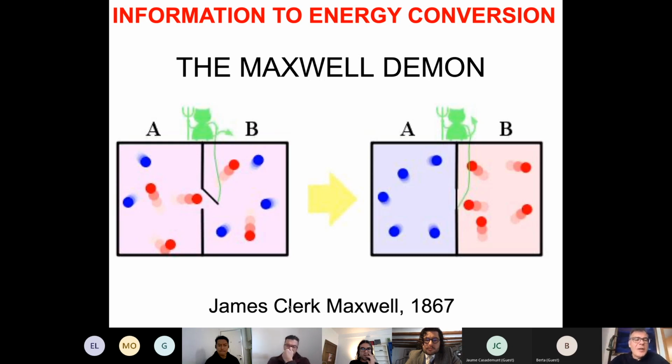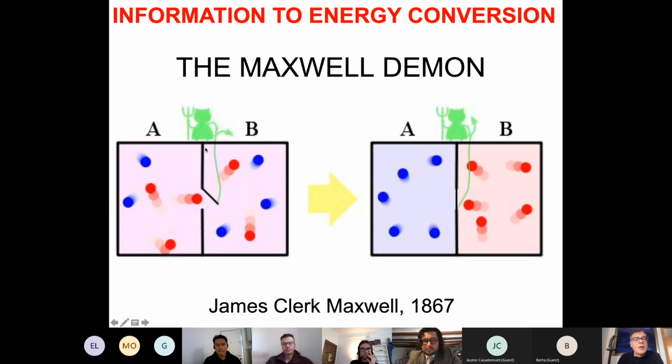It is a paradigmatic concept in statistical mechanics, and this goes back to Maxwell, who proposed that you could use a small being that in an effortless way could open and close a gate to separate fast and slow moving molecules in an initially homogeneous container, to reach an inhomogeneous container where the fast molecules are on the right, the slow molecules on the left, and you have a temperature gradient.